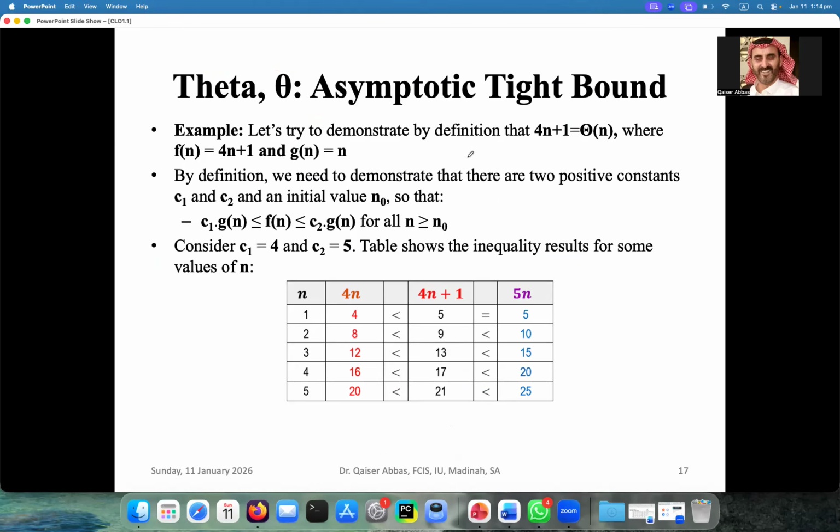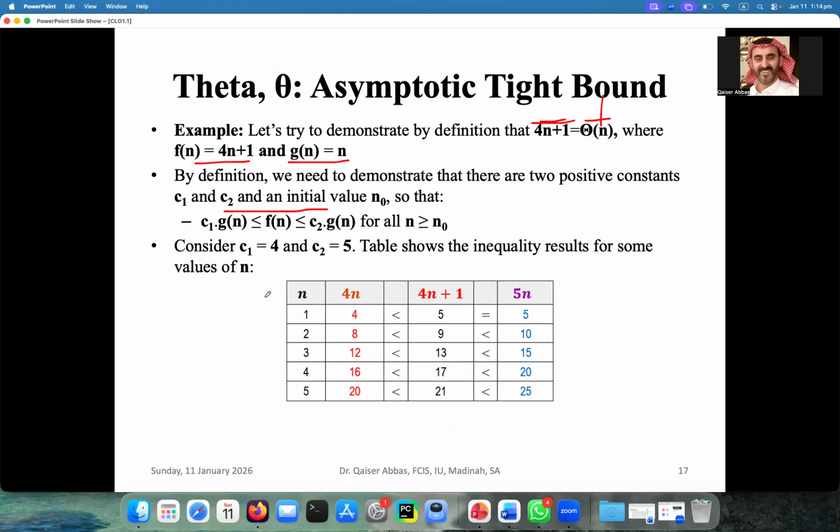Now take this: 4n plus 1 is equal to theta n. Here, this is your f of n and this is your g of n. Our f of n is 4n plus 1. What is g of n? This. We have to find two constants here and prove this equation: f of n greater than or equal to C1 g of n, and less than C2 g of n for all n.